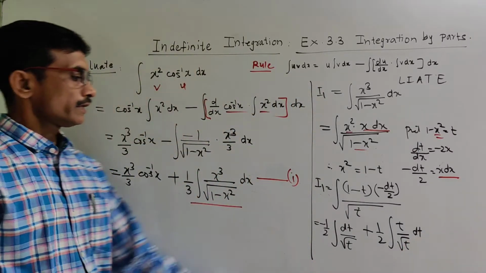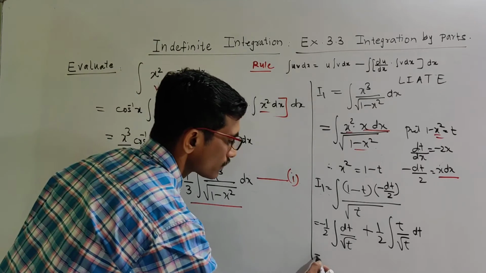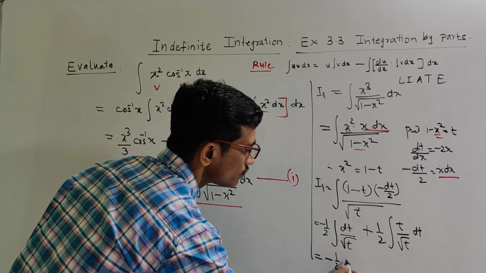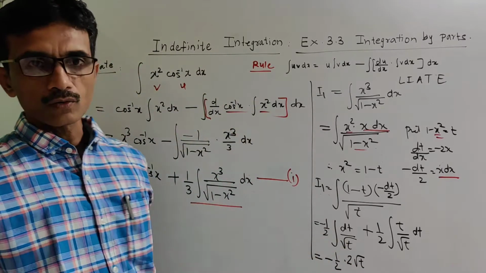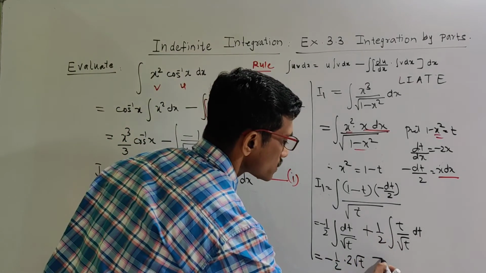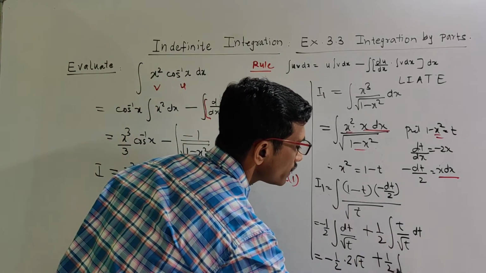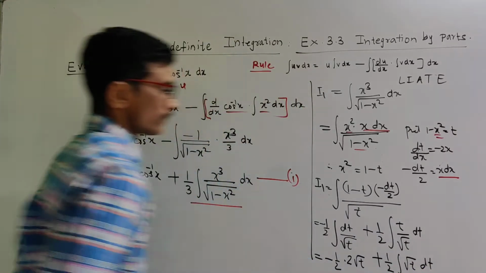Then integral of dt upon root t is 2 root t, minus 1 by 2 into 2 root t. Integral dx upon root x is 2 root x, and this is plus 1 by 2 integral of t upon root t, that is root t dt.